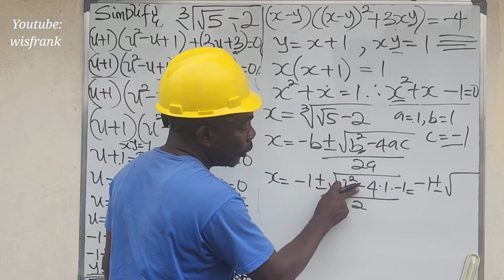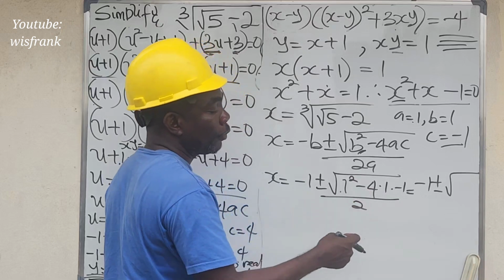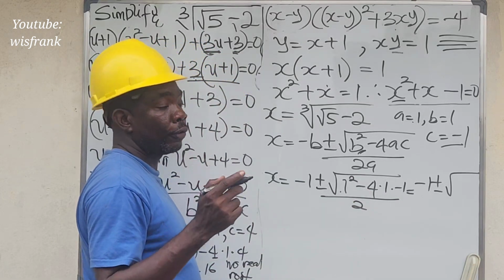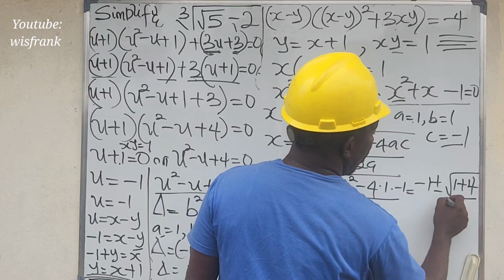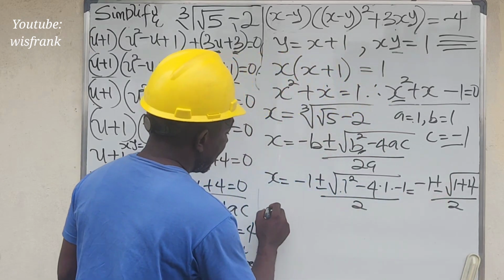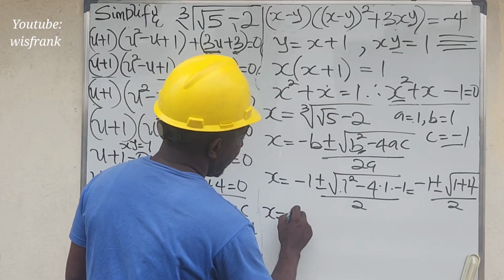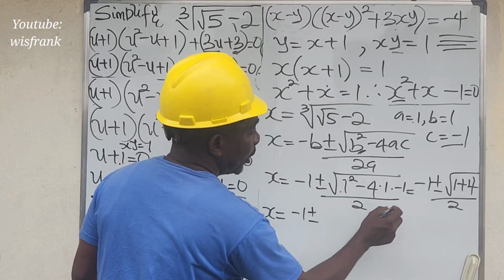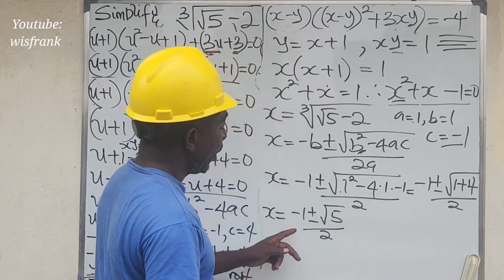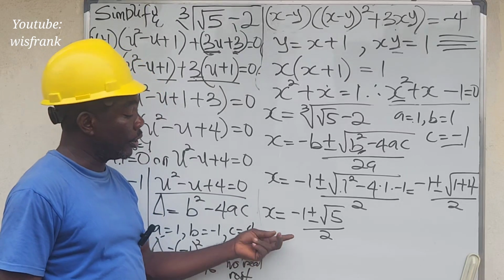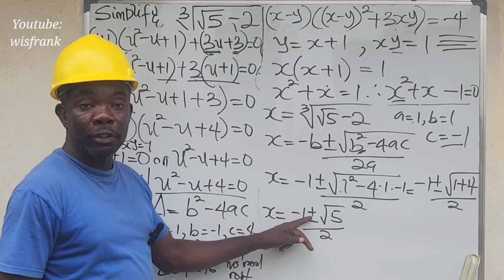Then we have minus 4 times 1 times minus 1, which is going to become plus 4. So this will become 1 plus 4 all over 2. So in this case, our x equals minus 1 plus or minus the square root of 5 all over 2.